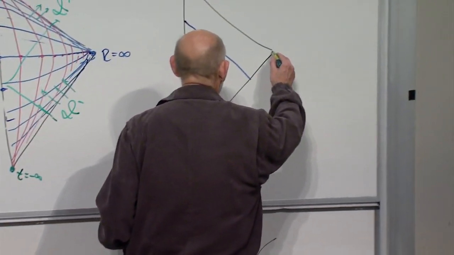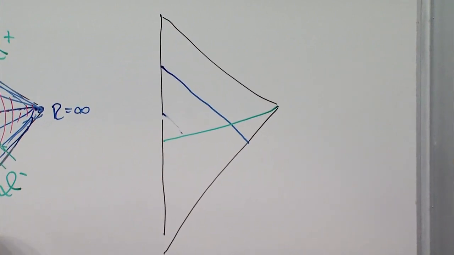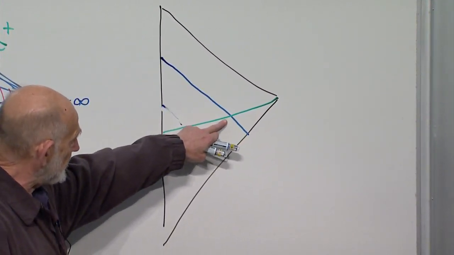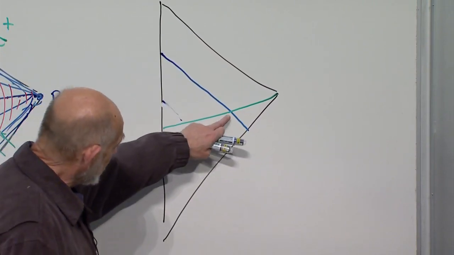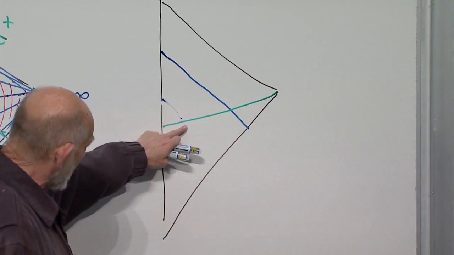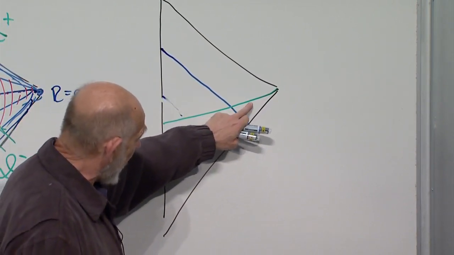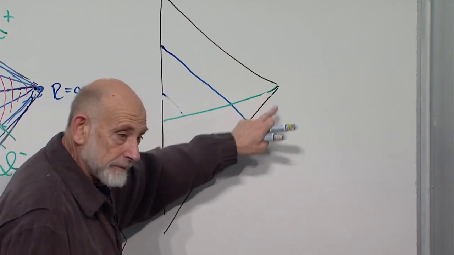Here's a line at constant time. The interior region, interior to the shell, is the part of the space-time that's inside the shell near r equals 0. The part of the space-time that's outside the shell is out beyond the blue line here.